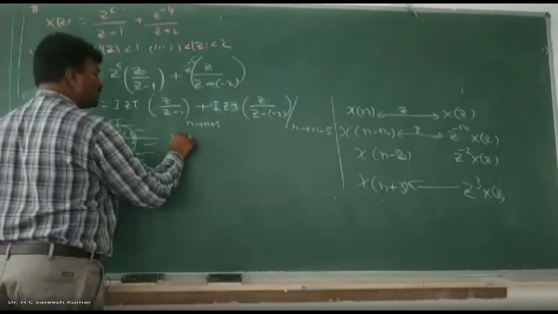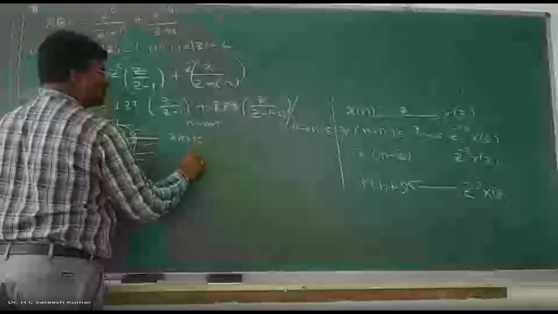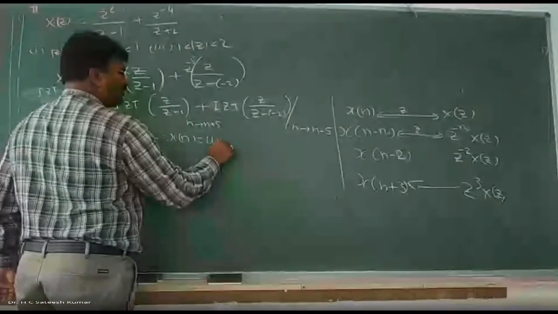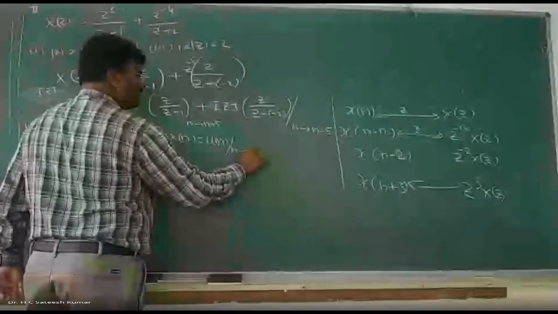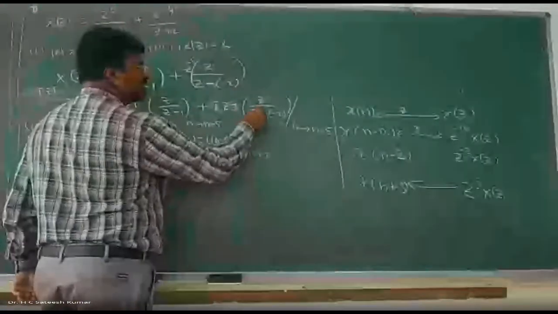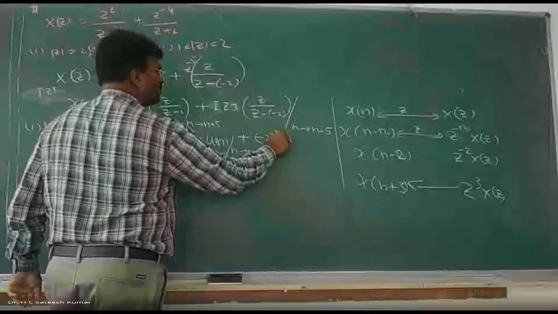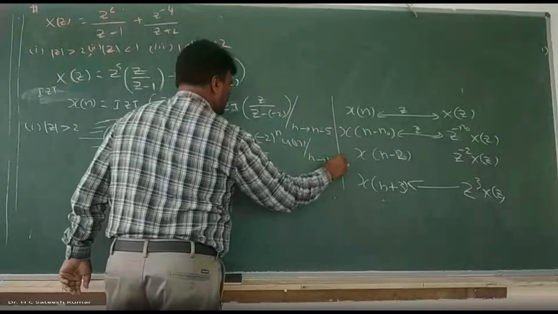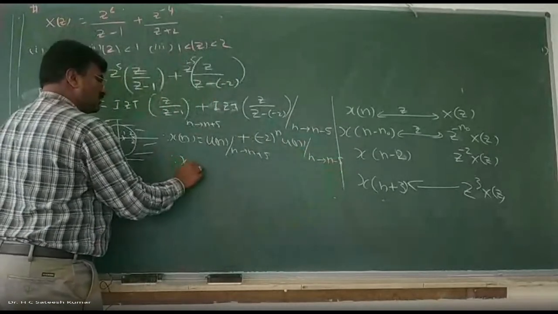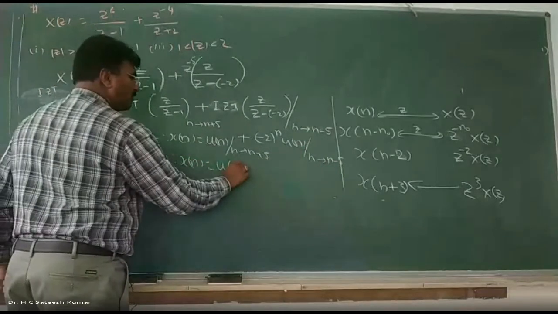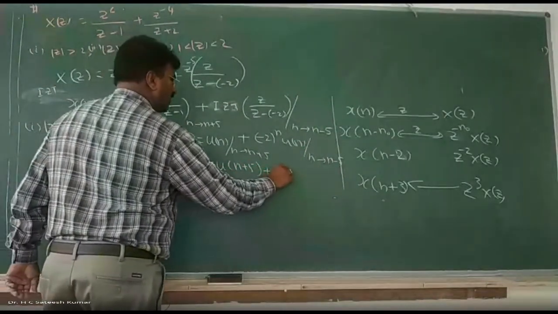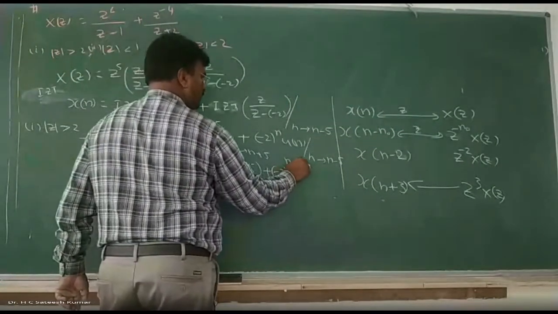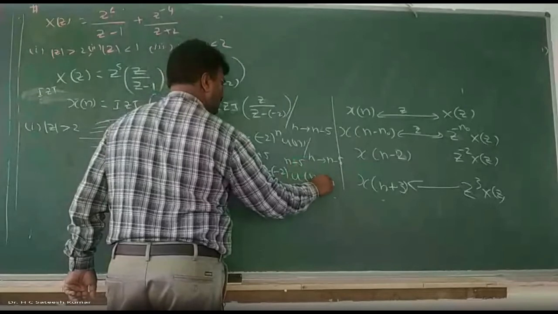Therefore, x of n is equal to the inverse Z transform of Z divided by Z minus 1, which is u of n, replacing n by n plus 5, plus minus 2 power n into u of n, replacing n by n minus 5. Therefore, x of n is equal to u of n plus 5 plus minus 2 to the power of n minus 5 into u of n minus 5. That's how we should do it.